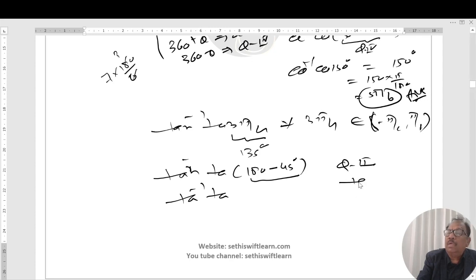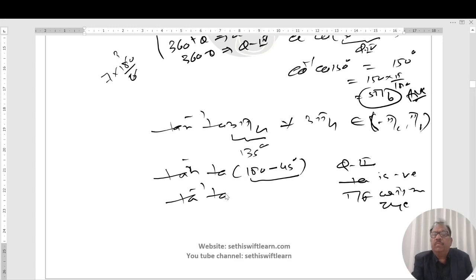In quadrant second, tan is negative, right? And the trigonometric function will not change. Means the answer will be tan of inverse of minus tan of 45 degrees.